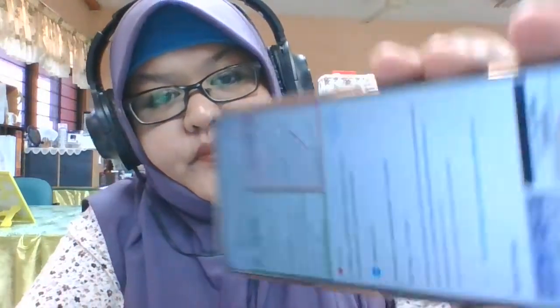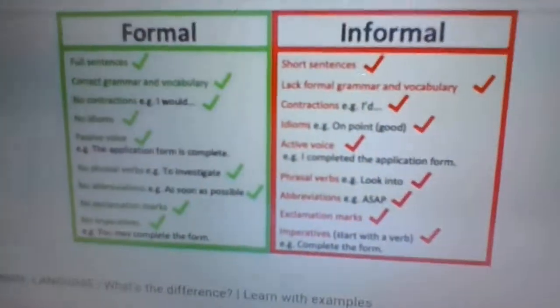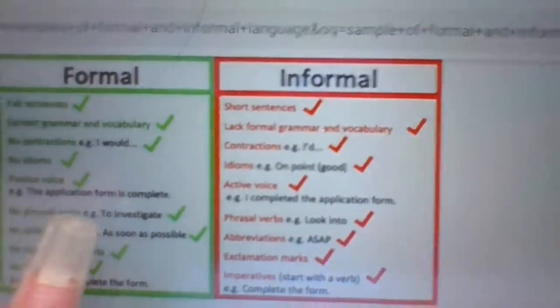Let me show you more about this, because in your writing after this, you will need to use the phrases or the words of formal and informal. Let's look at the differences.